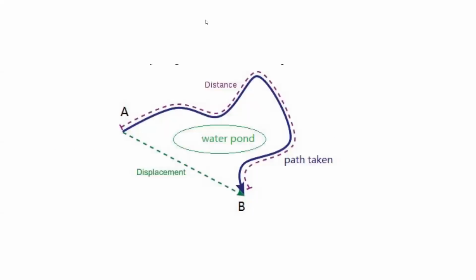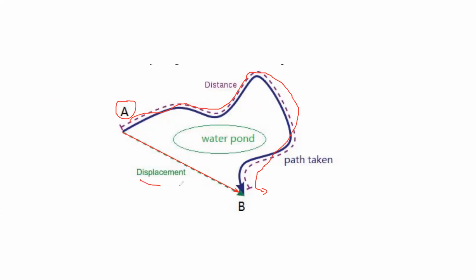Then the difference between displacement and distance. For example, if there is a water pond and a person walks around the pond and takes this path, the length of the path between the 2 points is called distance. But if a person swims across this pond and reaches point B, he took the shortest path.